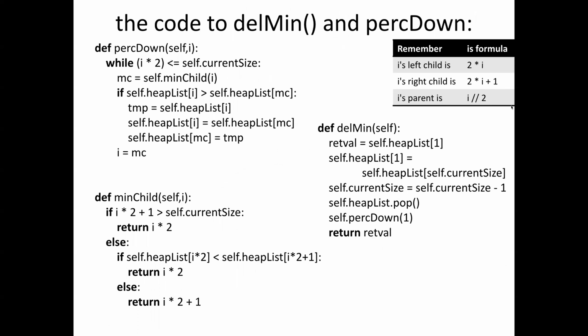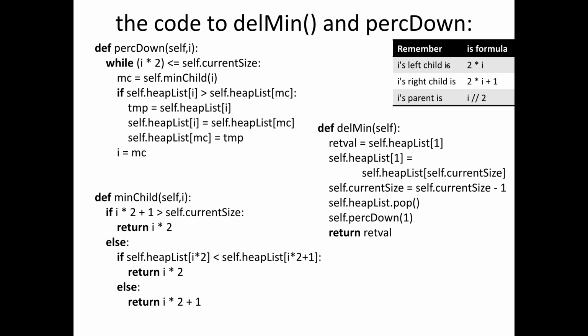Translating to code, it's very simple too. Learn and understand this formula. The loop condition is that the child, which is the current node times 2, is less than the current size, so it's inside the boundary of the current list. And you find the minimum child of that node i. The way you find the minimum child, in the helper function, is to compare both children.